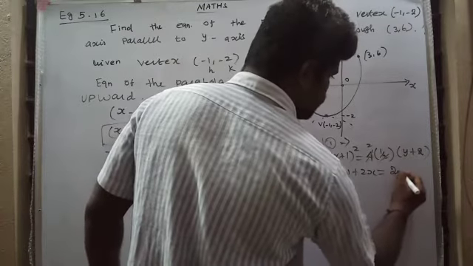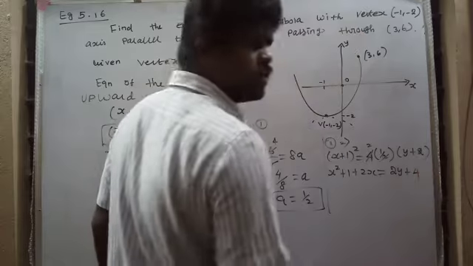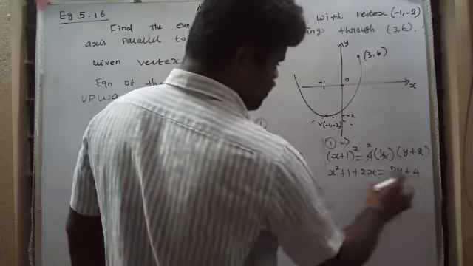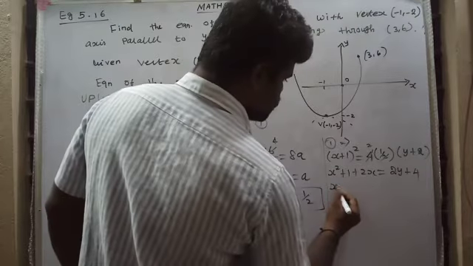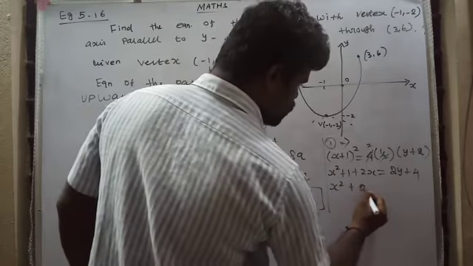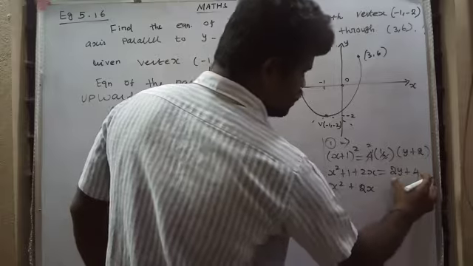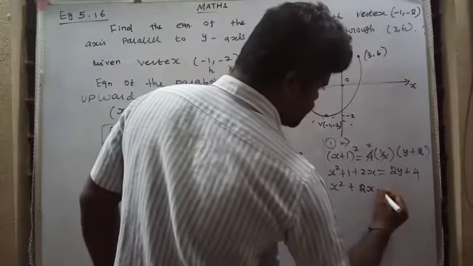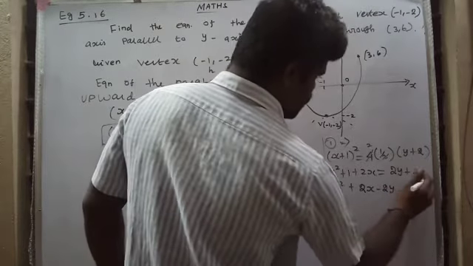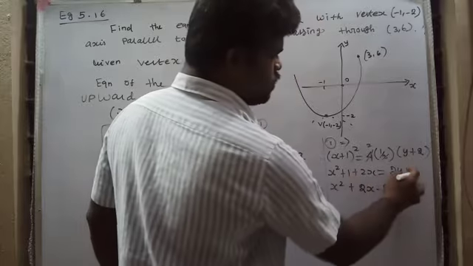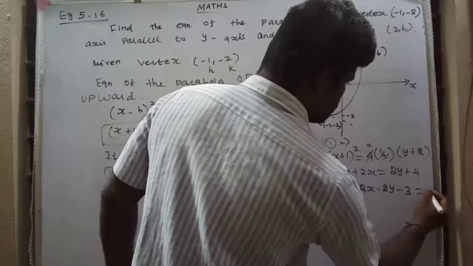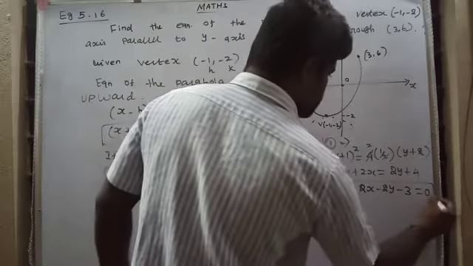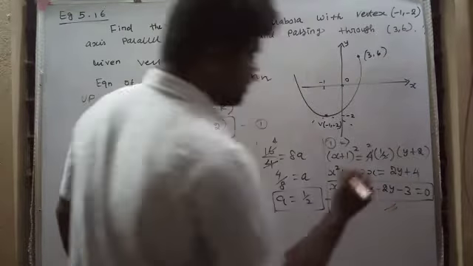Multiply 2 inside: 2y + 4. Therefore, we write in the proper format: x² + 2x, and taking these terms to the LHS, -2y, and -4 + 1 is -3, equal to 0, which is the required equation of the parabola.